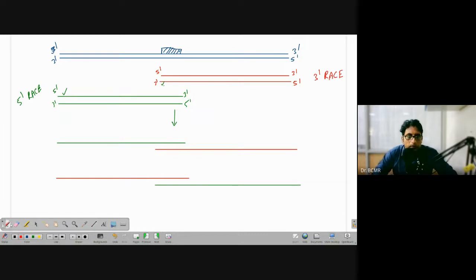Let me put this one I'm writing here, that is 5' to 3'. And then I'm putting this one here, that will be 3' to 5'. The top strand here is the 5', 5 prime to 3 prime, and the bottom one here is 3 prime to 5 prime.